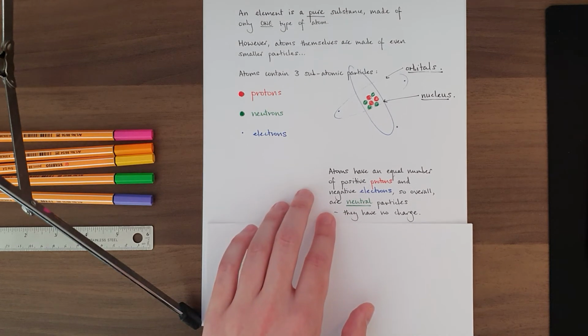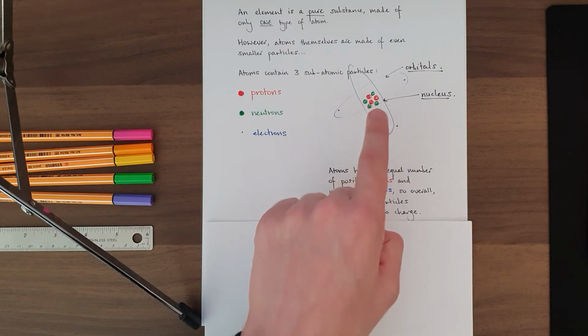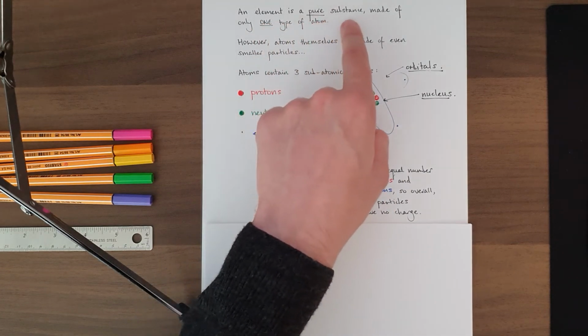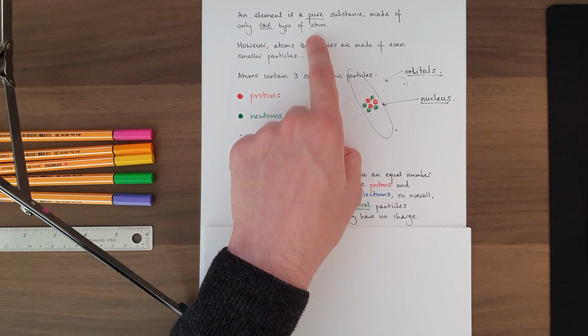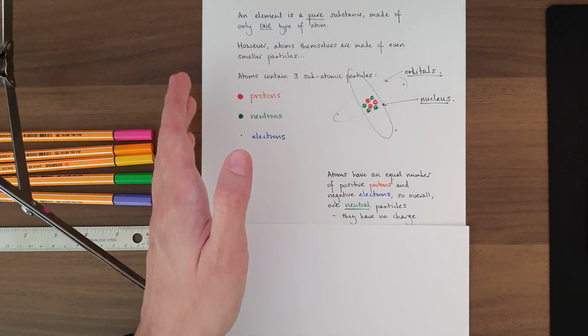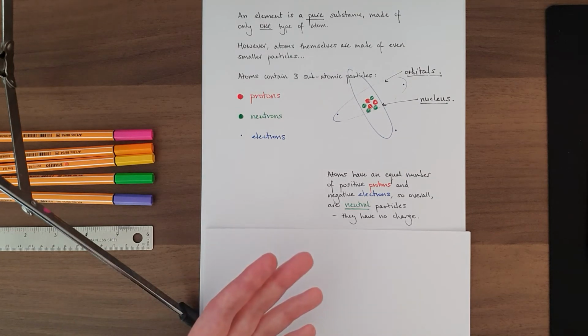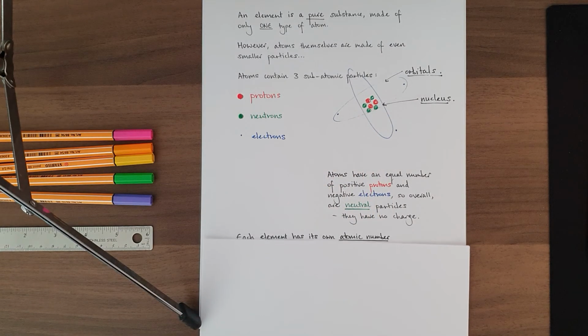Well, an atomic number is something that every element has, and it tells you something about this structure. Because we've said that an element is a pure substance made of only one type of atom. Well, that tells us that every element has a specific type of atom. How do we know what atom is which element? How do I know what element this is? Well, the atomic number tells us that.